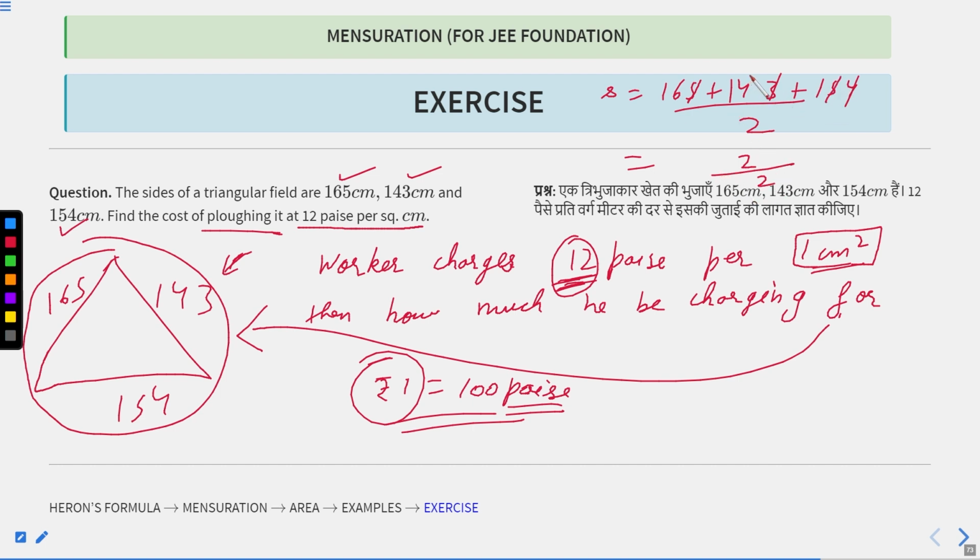Now 5 and 4 is 9, 9 and 6 is 15, and there was 1, so 16. So 1, and 1 and 1 and 1 is 4, which gives 462 divided by 2, which is 231. I hope the semi-perimeter is equal to 231.